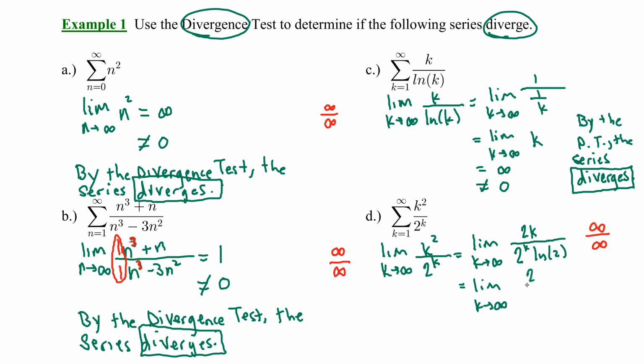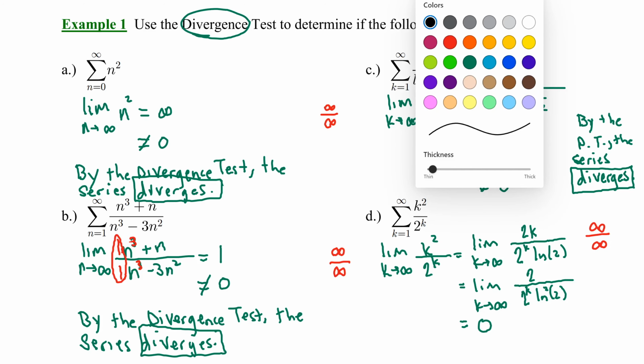The derivative of the top is 2. The derivative of the bottom, I'm going to make a copy of the exponential, multiply by natural log of the base, but I've already got a natural log of 2 down there, so I'm just going to square it to represent both of those. Now we can determine the limit. Notice the denominator is increasing without bounds. It's going to infinity while the numerator is static, so the limit is 0.